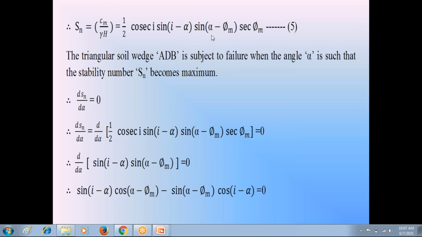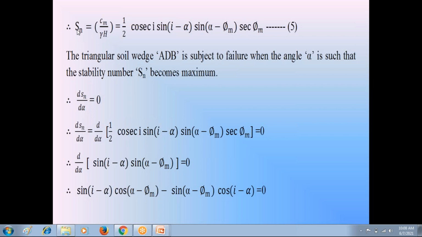Since Sn depends on angle alpha, the stability number Sn becomes maximum when dSn by d alpha equals 0, from mathematics, because this stability number depends on height H. So from this equation we can understand Sn is equal to Cm by gamma H. So this stability number depends on height H, and also depends on angle alpha, because I is constant, phi m is constant.